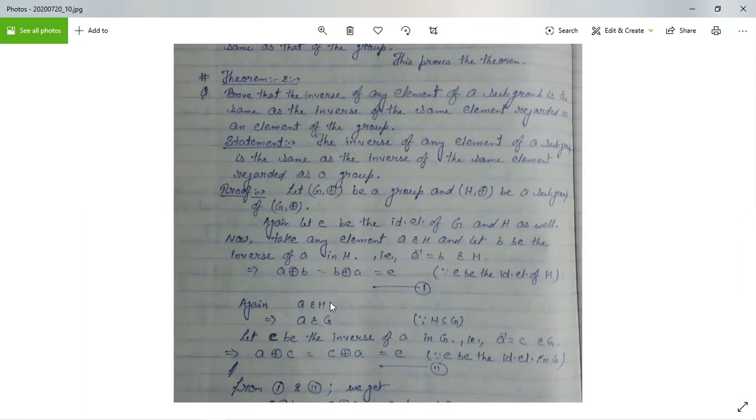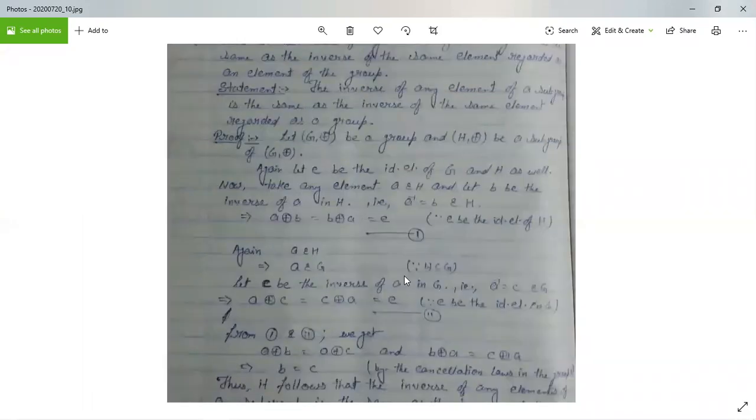Again, a belongs to H implies that a belongs to G since H is a subset of G. Let c be the inverse of a in G. That is, a inverse equals c belongs to G. This implies that a ∘ c equals c ∘ a equals e. Take this as equation 2.